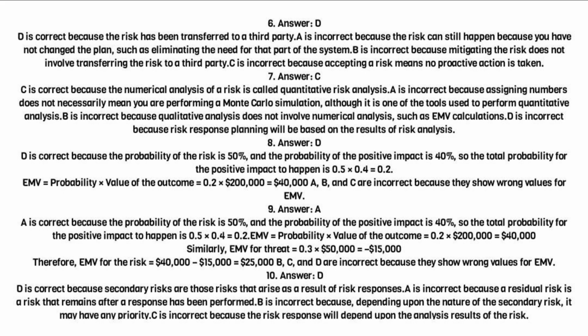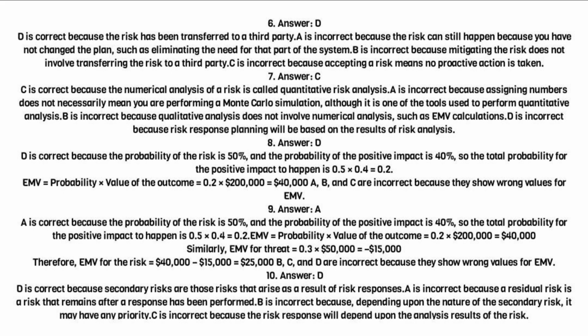9. Answer A. A is correct because the probability of the risk is 50%, and the probability of the positive impact is 40%, so the total probability for the positive impact to happen is 0.5 times 0.4 equals 0.2. EMV equals probability times value of the outcome equals 0.2 times $200,000 equals $40,000.